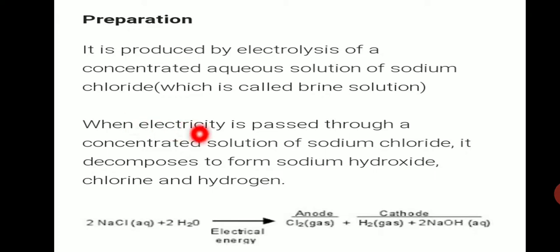When electricity is passed through a concentrated solution of sodium chloride, it decomposes to form sodium hydroxide, chlorine and hydrogen. So during electrolysis we get three products: chlorine, hydrogen and sodium hydroxide.